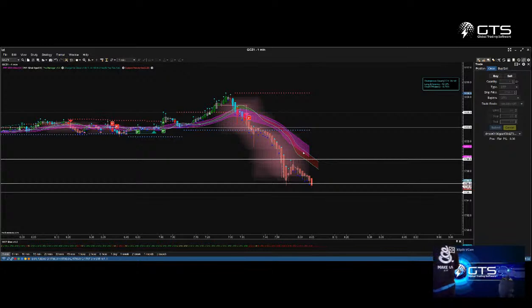It's basically screaming at you to stay in the trade. So you just bring your stop loss down to above the EMA cloud.